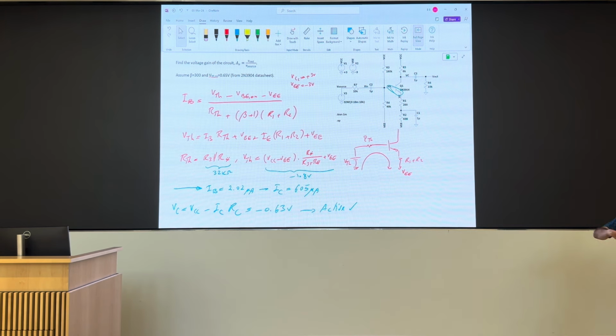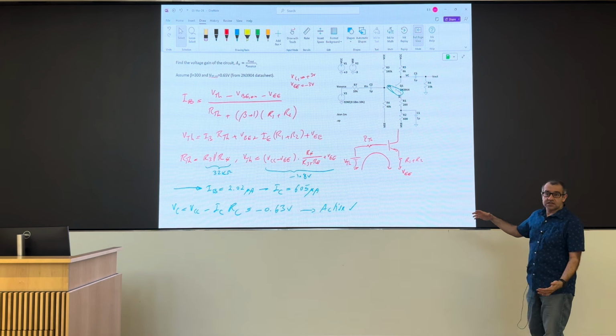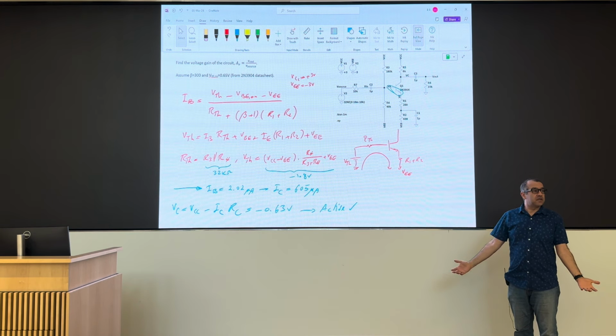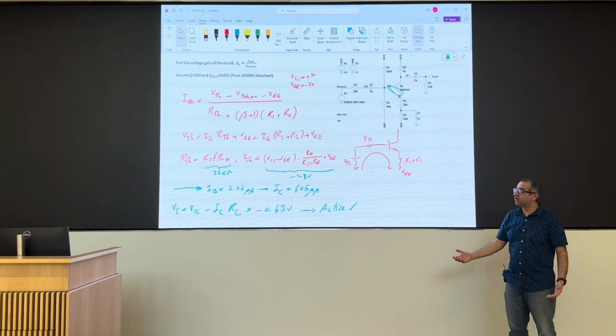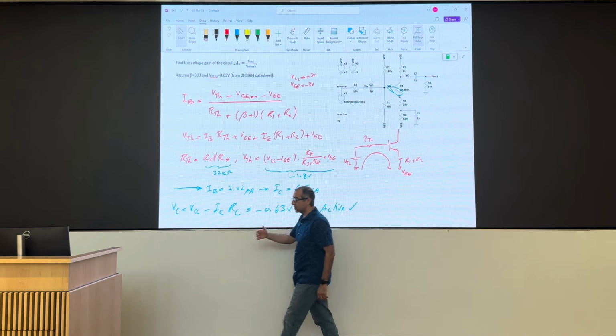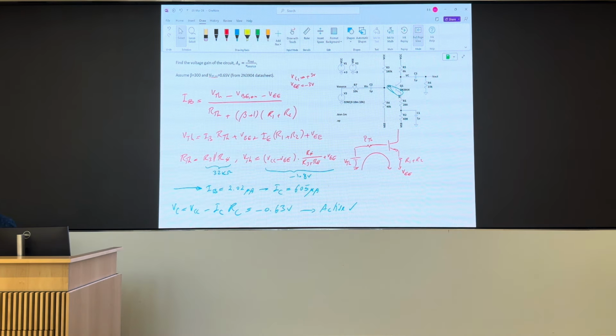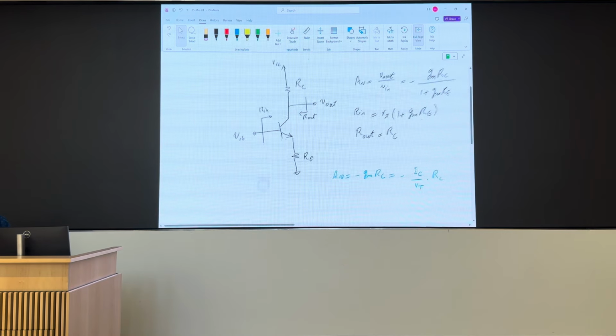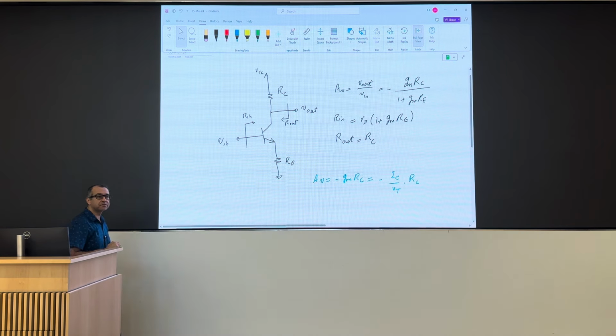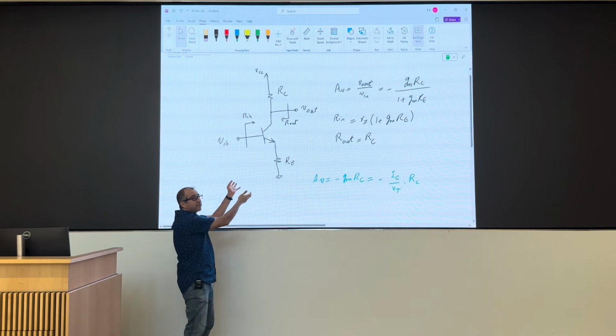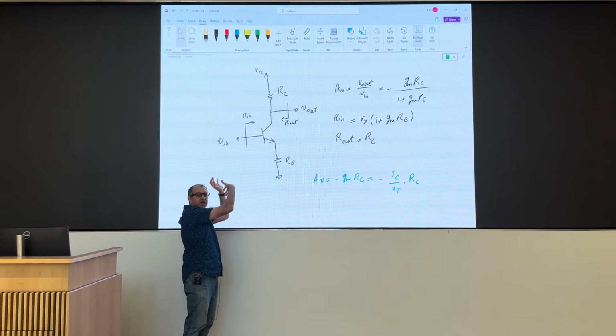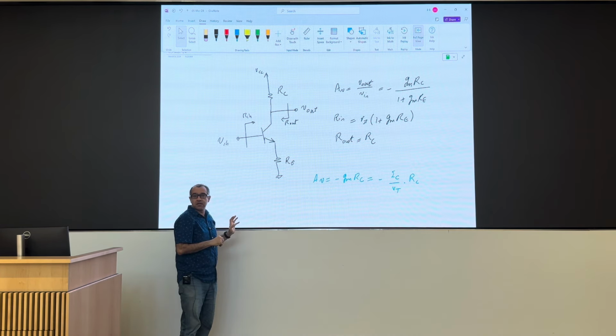But assuming that you've done that and you know how to draw the small signal circuit, let's just use what we already know. It's a common emitter stage. We know that this stage, if I break it down to this, has these properties. So at the core I have this, but in practice I've attached a few more things to it.